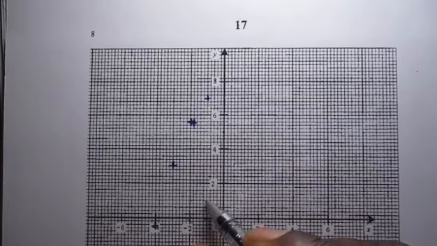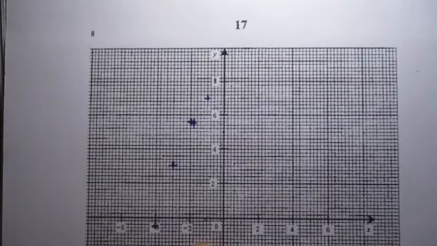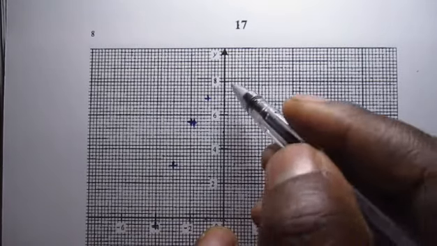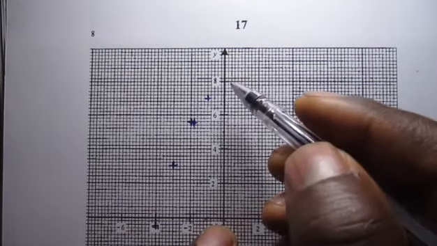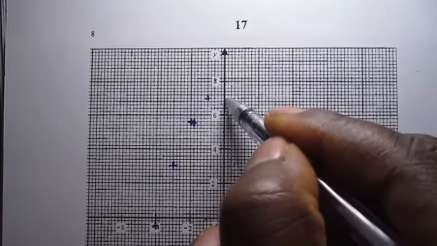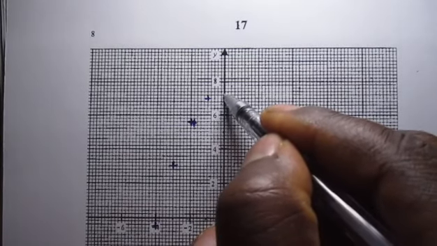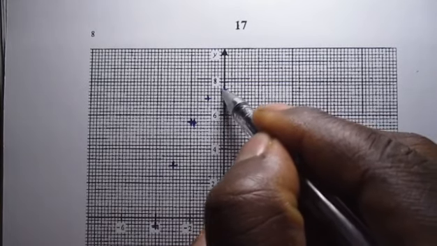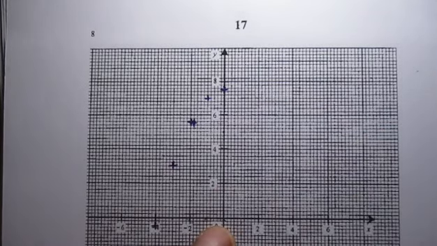So this is my point. I hope you are following. Right. Then we move on to 0 and 7,5. We need 2.5 boxes above 7. So this is 7, 1, 2.5, somewhere here. You put your point. Right.